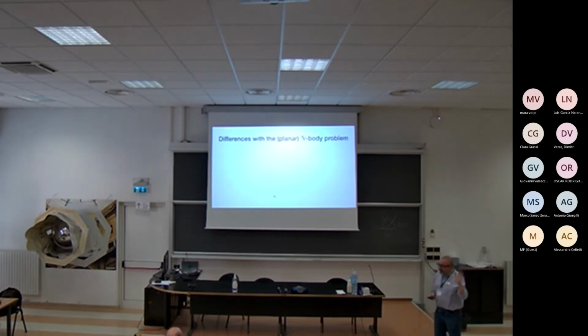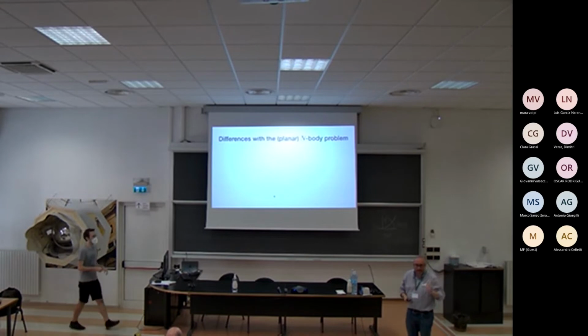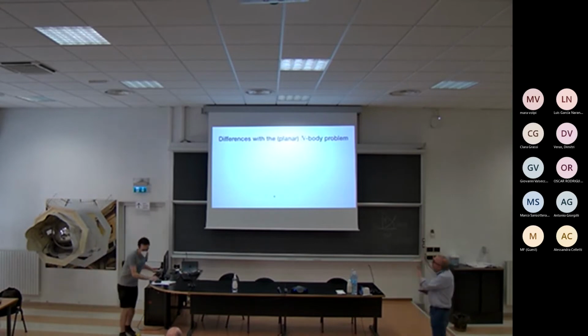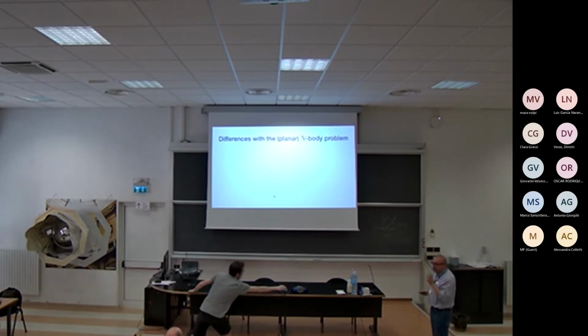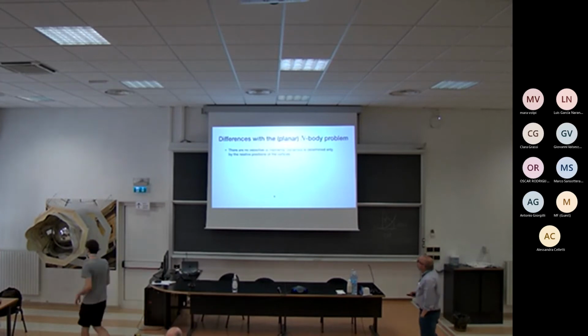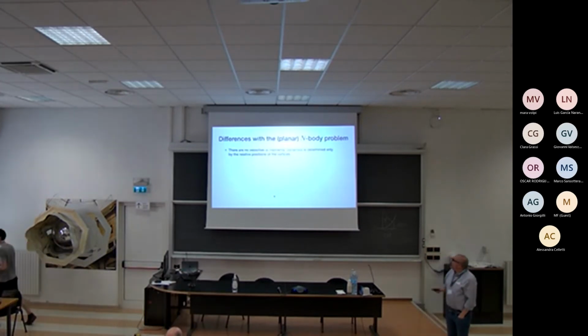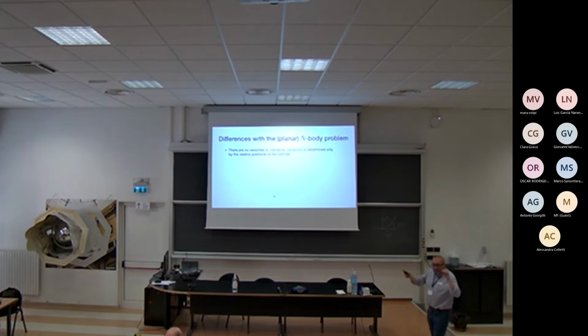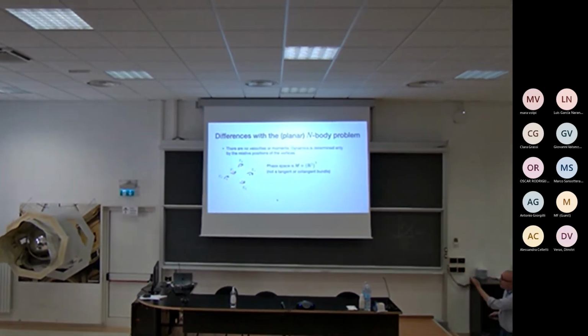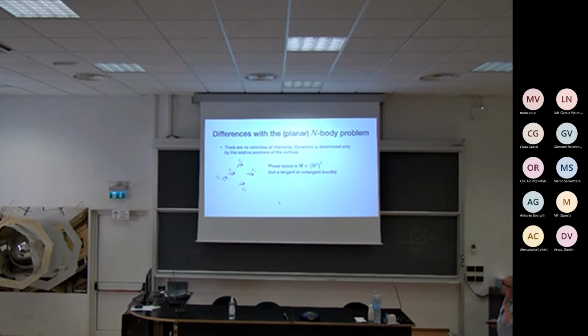So just to clarify for this community, what are the differences? I guess it has to be compared with the planar n-body problem because I'm talking about point vortices. An important thing here: there are no velocities or momenta. Once you prescribe the configuration, things move around. I don't need to tell you the position and velocity, or the position and momentum. This determines the dynamics. And the phase space, for this problem of five vortices, would just be the positions of them.